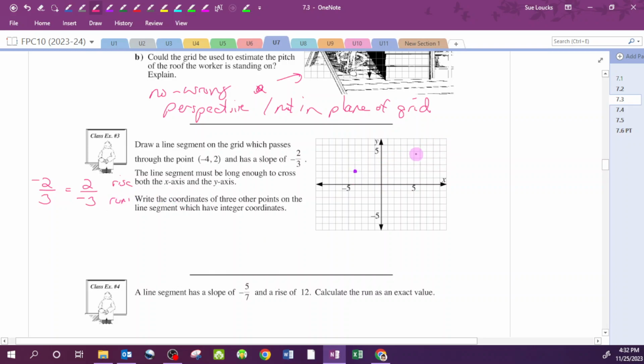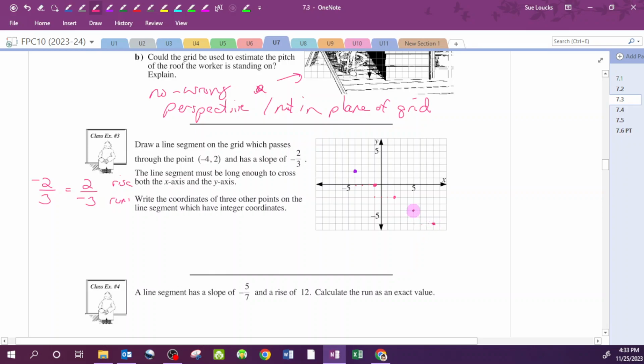From my point, using the first one, I'm going to have a rise of -2. So I go down 2 and a run of 3, 1, 2, 3. That puts a point here. And then I can do it again, down 2 and a run of 3, down 2, 1, 2, 3.